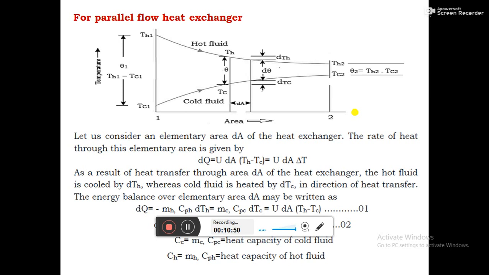mh into cph can be replaced by Ch, which gives the heat capacity of the hot fluid, and mc into cpc can be replaced by the term Cc, which gives the heat capacity of the cold fluid.